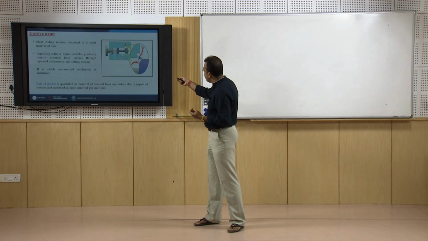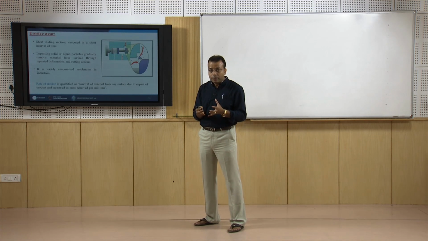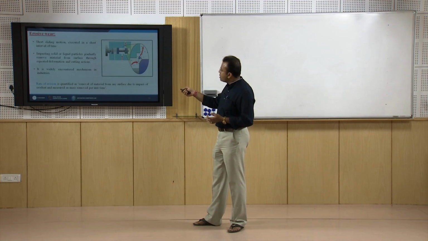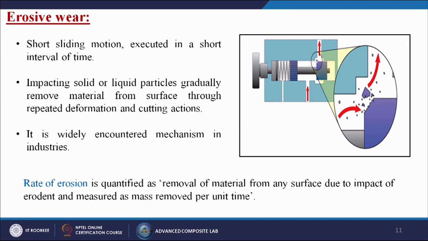Due to those particles continuously rubbing against the softer material, it creates a certain kind of wear which is known as erosive wear. Short sliding motions executed in a short interval of time, with impacting solid or liquid particles, gradually remove material from the surface through repeated deformations and cutting actions. It is a widely encountered mechanism in industries.